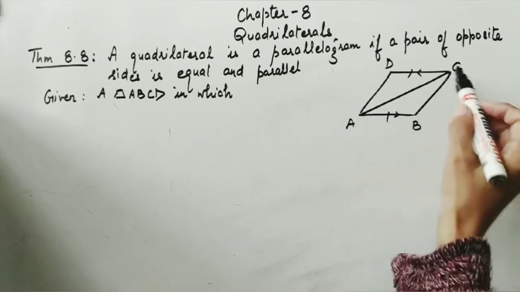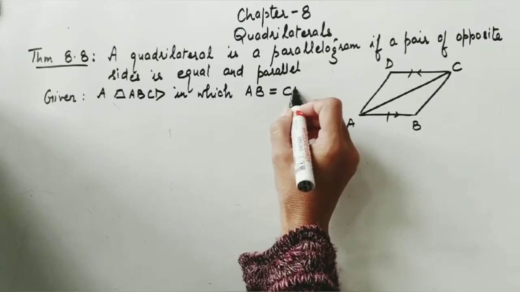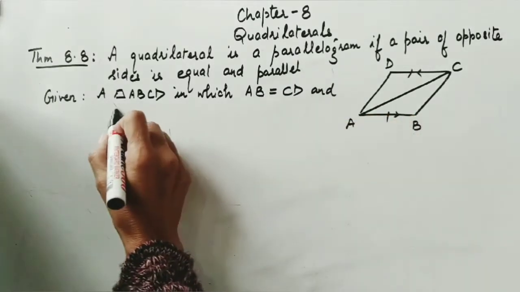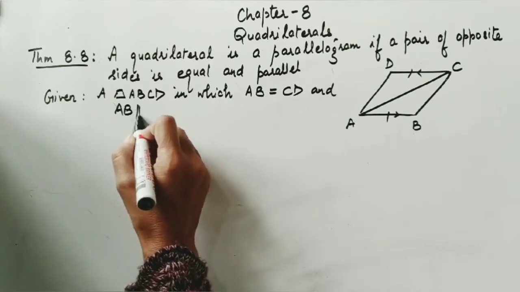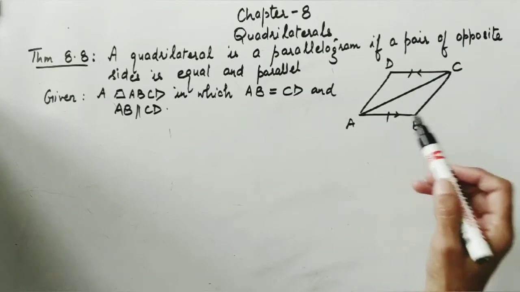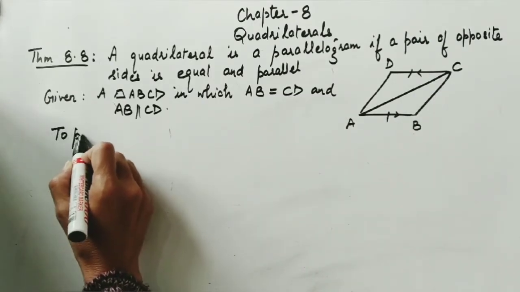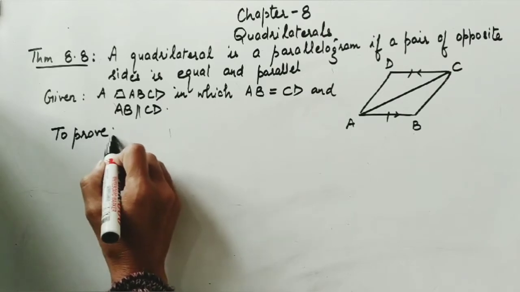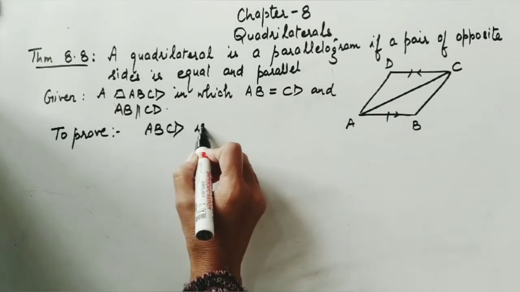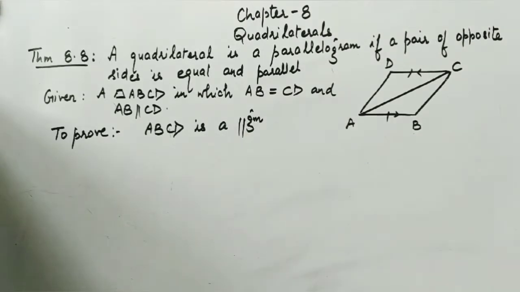That pair is AB and CD, in which AB is equal to CD and AB is also parallel to CD. Alright, so AB and CD are parallel as well as equal. We are asked to prove that it is not just a quadrilateral, it is a parallelogram. We have to prove that ABCD is a parallelogram.